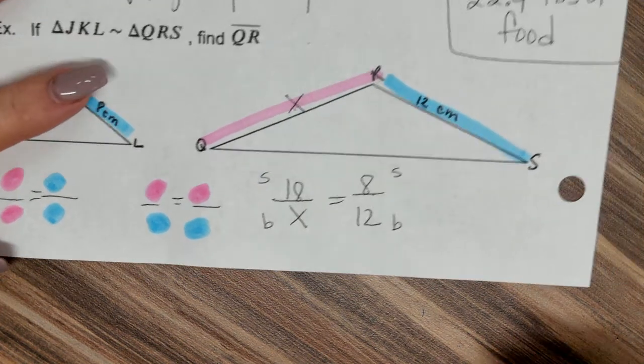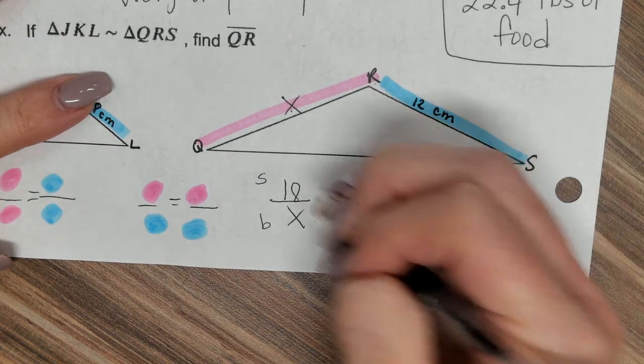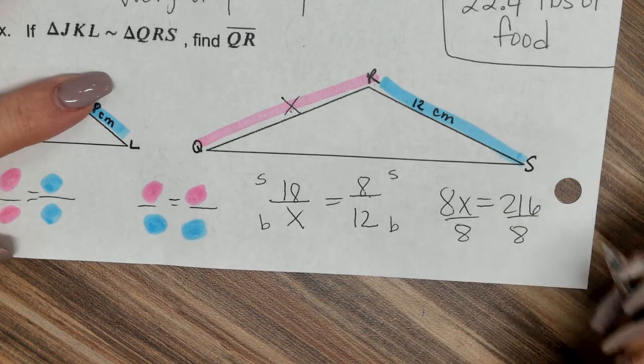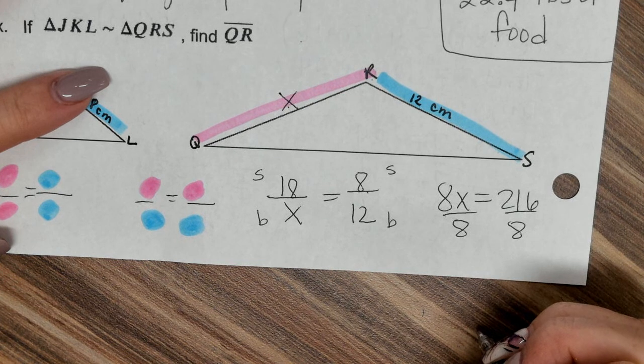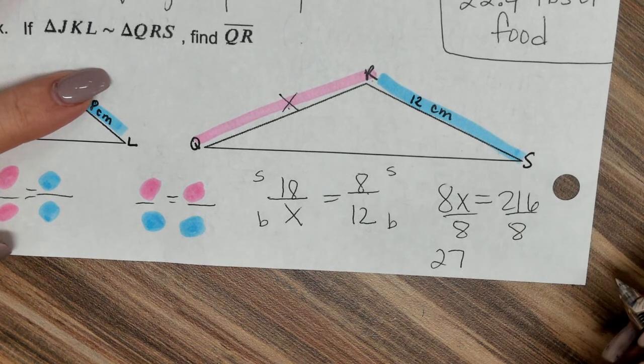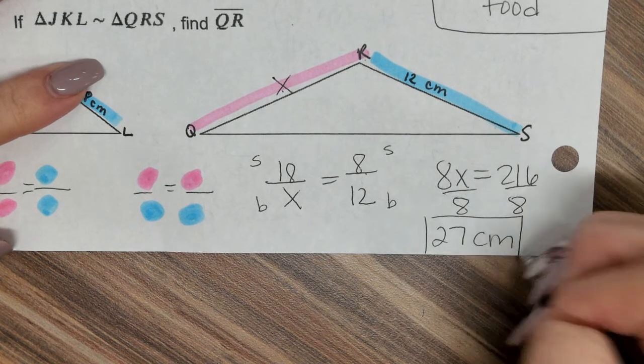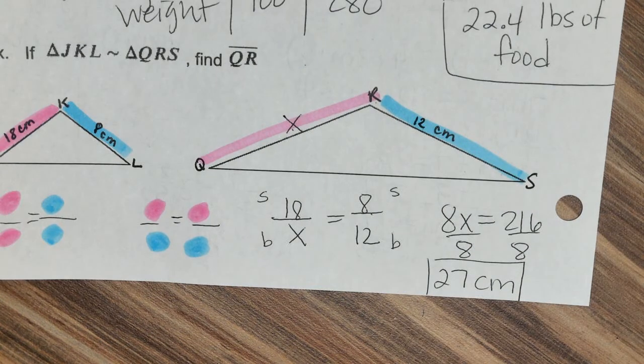Okay, so I cross multiply. I get 8 times X equals 18 times 12 is 216. And divide by 8. 27, and that's it? 27 centimeters. Okay. So I'll pass out your assignment and we'll get started.